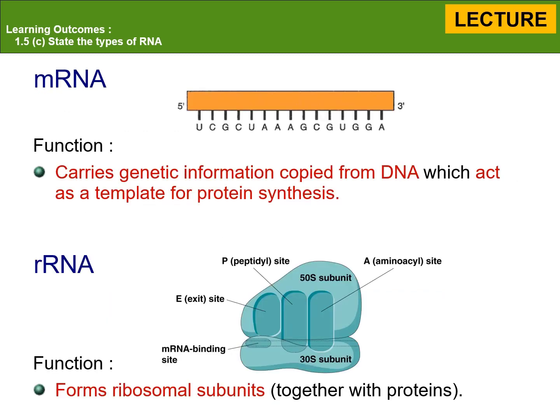The function of mRNA is to carry the genetic information copied from DNA, which acts as a template for protein synthesis. The function of rRNA is to form ribosomal subunits during protein synthesis.